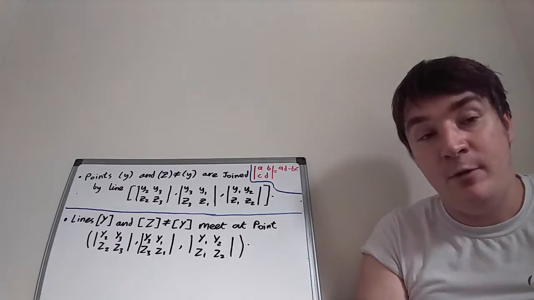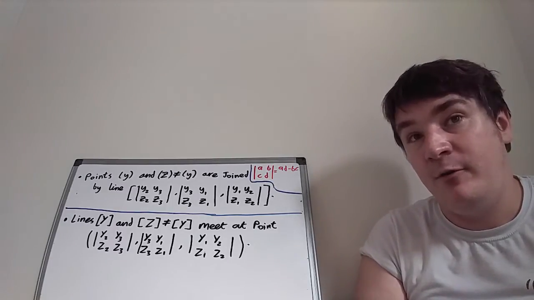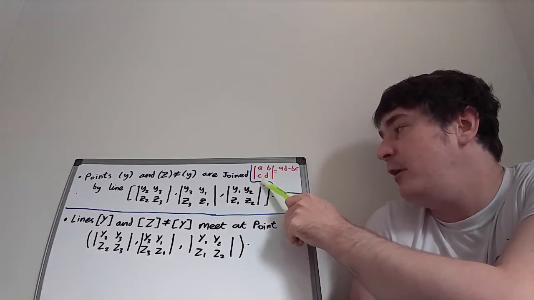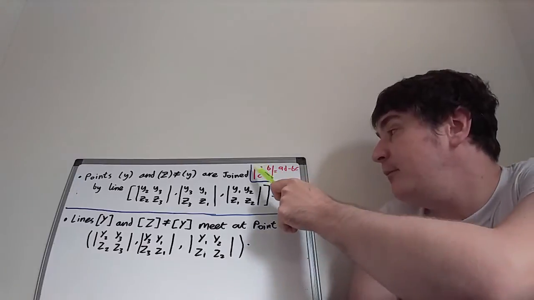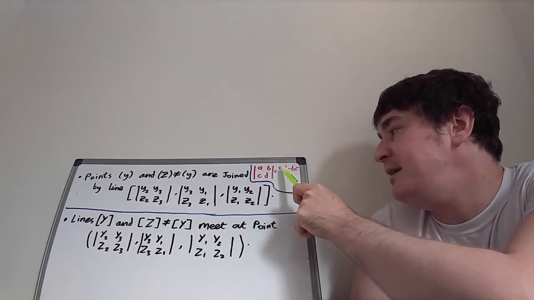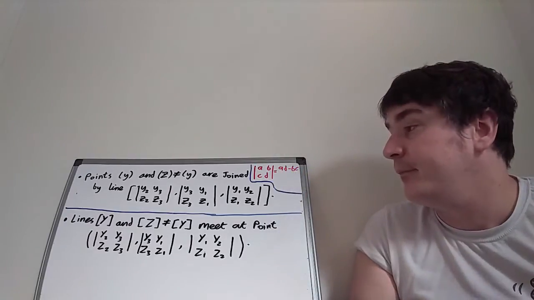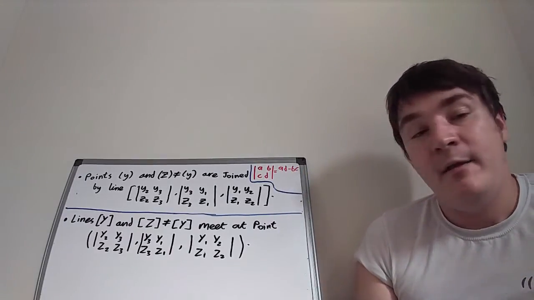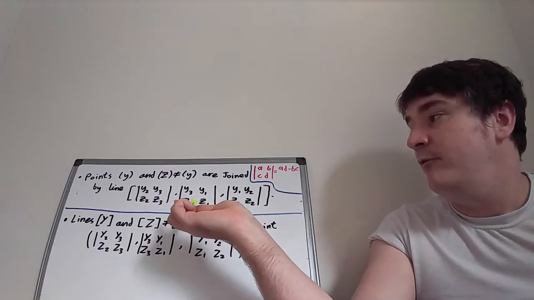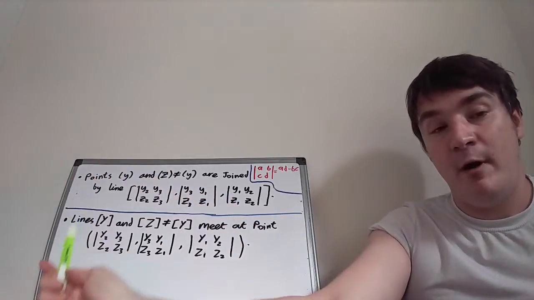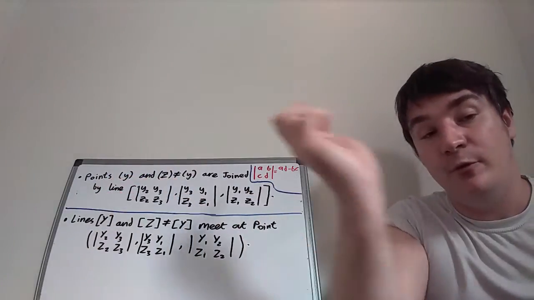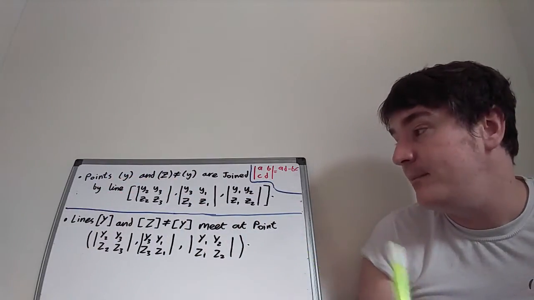And if you want a reminder about 2 by 2 determinants, here's the expression for a general 2 by 2 determinant. The determinant a, b, c, d is just equal to ad take away bc. Okay, so I recommend you check that for yourself. Check that the dot product of this with y equals 0, so point y is on this line, and the dot product of z with this equals 0, so z is on this line.